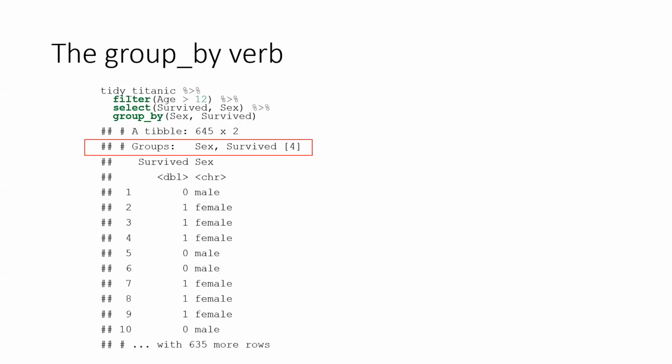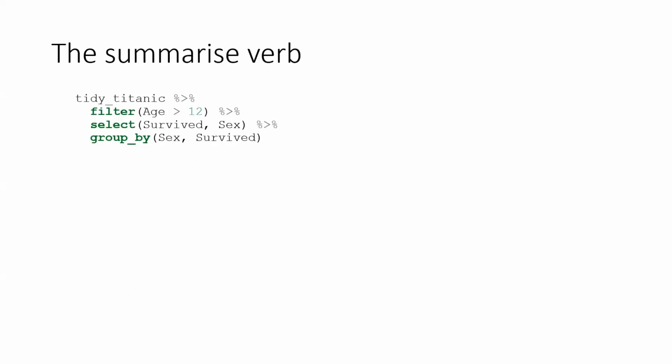So why would we really want to do this? Well, there's actually a really good reason, and it's because this now allows us to perform summary statistics. So this is now probably one of our most important verbs that exists in dplyr, the summarize verb. So we've made our groupings, and let's say we want to ask the question, right?